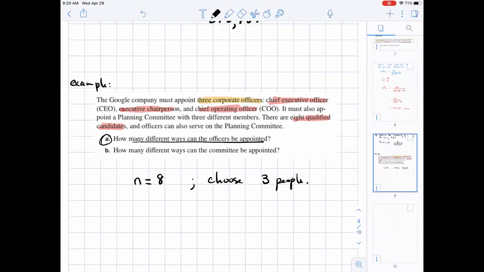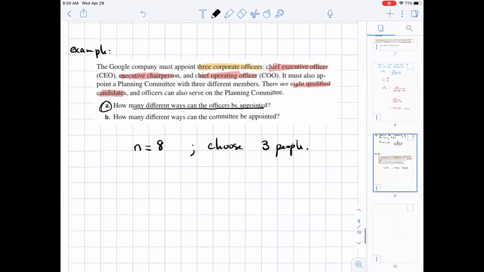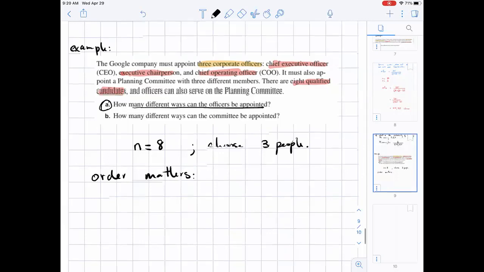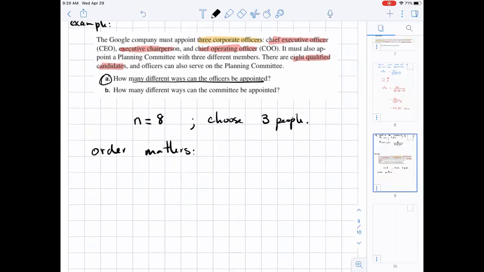Do you get the president first and then the vice president, or do you pick the vice president first and then vote for the president? Order does matter here. Why? Because you should pick the chief executive officer first before you pick anyone else. The president of the company has to be first. So in this case, we'll use nPr.